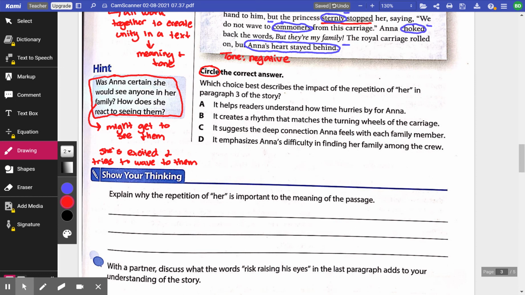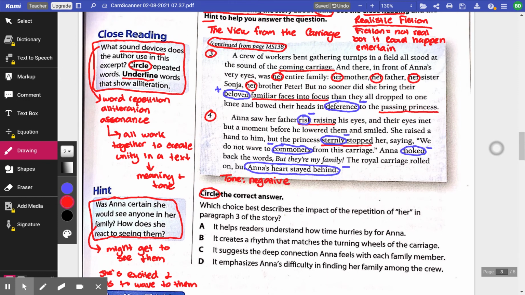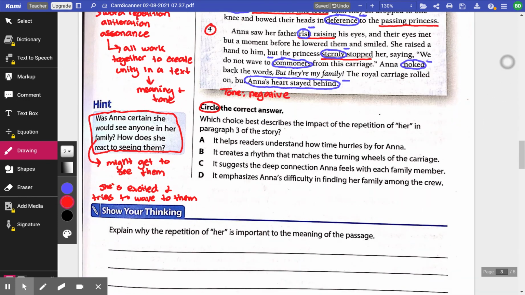So we are going to look back up at paragraph 3 where we circled that word her. So we already know that that's an example of word repetition, right? So we have to ask ourselves, why is this important? And we also have to ask ourselves, why does the author do it? So why does the author repeat that word her?